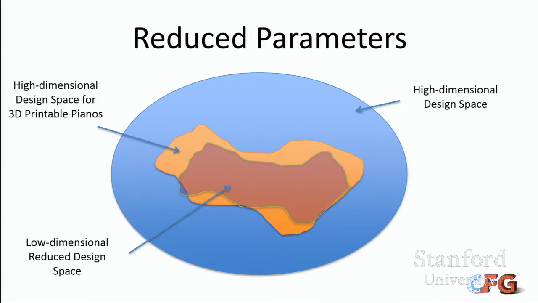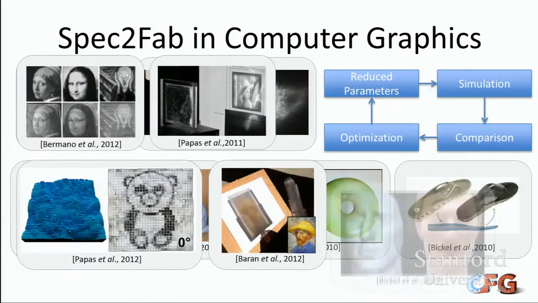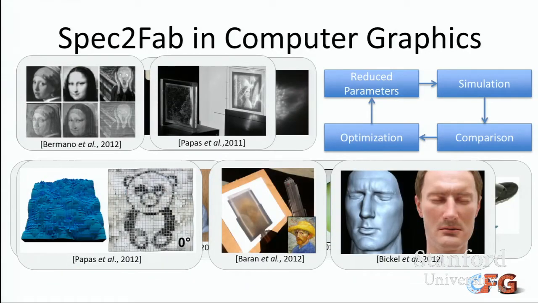So we need tools for designing these reduced spaces. We have looked at many algorithms in computer graphics, in material science, in mechanical engineering, in robotics. And we saw that these spec-to-fab translation processes share this type of structure.